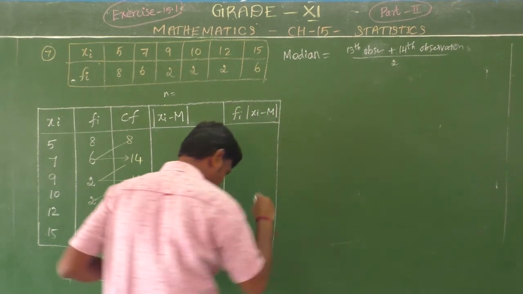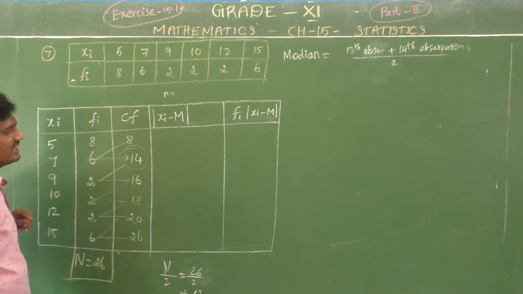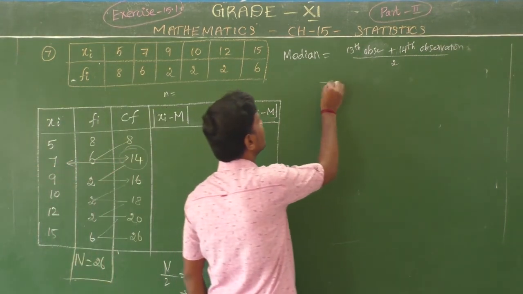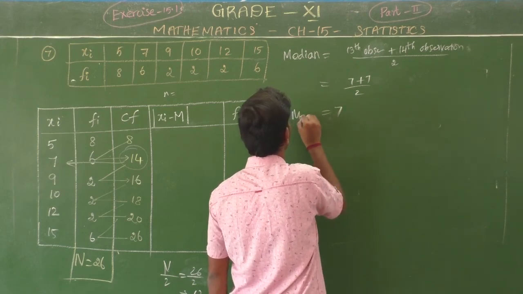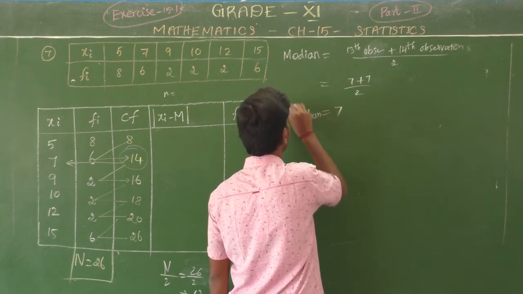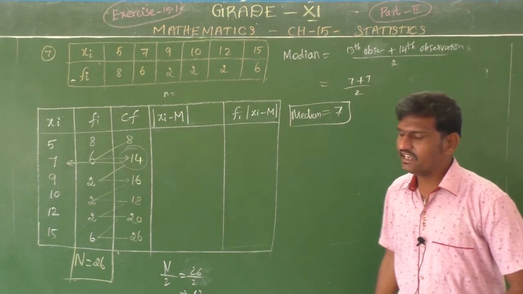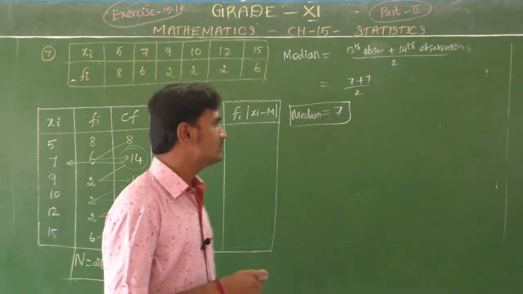Look at that cumulative frequency table. 14 is nearest here, no? So the value of x is 7 only. So it is very simple: 7 plus 7 by 2, that is 14 by 2. What is the median? The median is equal to 7. What is the value of the median? 7.